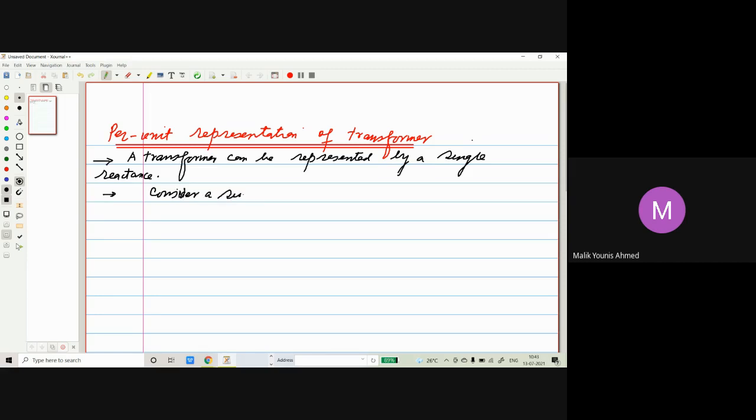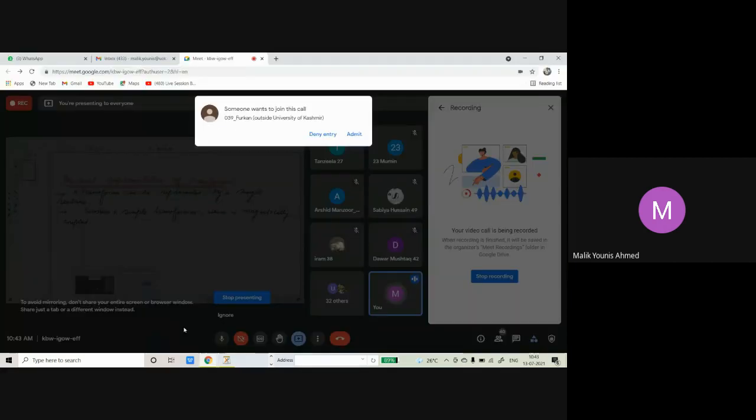Consider a simple transformer which is magnetically coupled, that we have seen in network analysis, so I don't need to go into the details of this.